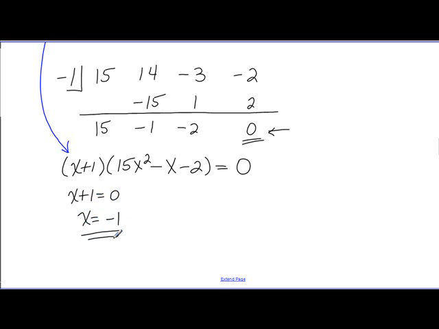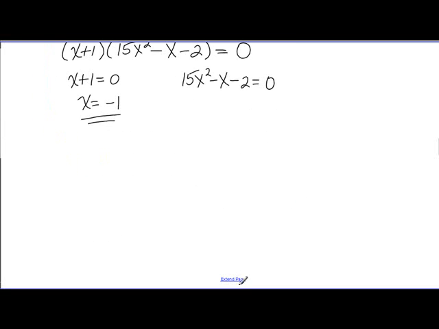X equals negative 1 was the solution we were given to begin with. Then 15x squared minus x minus 2 equal to 0 is now a quadratic equation that we can solve either by factoring if it works, or if that doesn't work, we could use the quadratic formula. Any of the methods we've already learned about solving quadratics will apply to this.